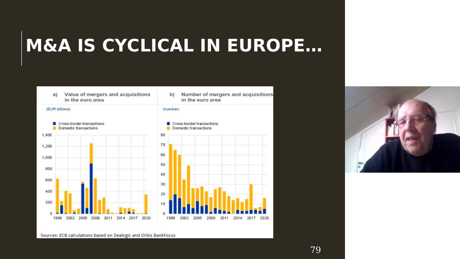But if you look at the value, you see that the bulk of the value was 2000. The peak was 2005, 6, 7, just before the crisis, and then you see the gap. You have in yellow the domestic one, and in blue the cross-border.